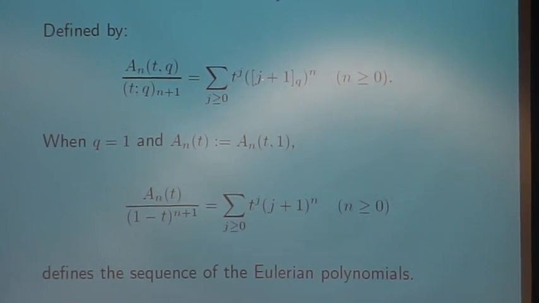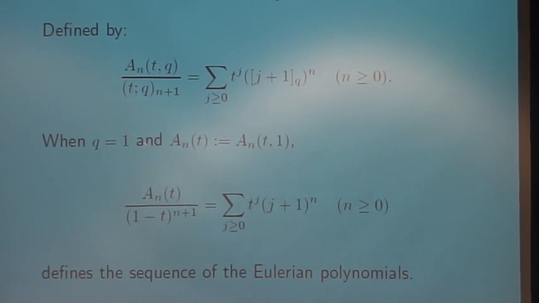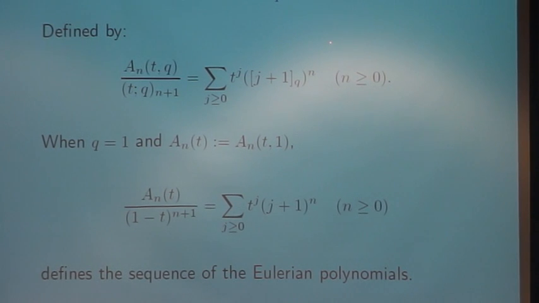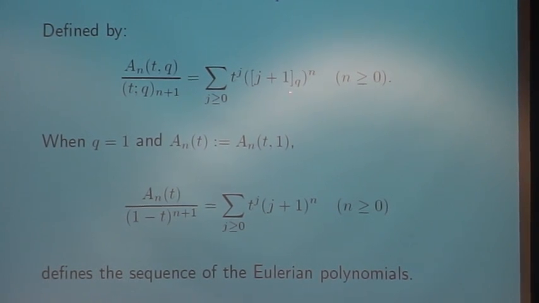And this stands for 1 plus q squared plus q to the j. This is 1 plus q. And when you plug q equal 1, you get this.